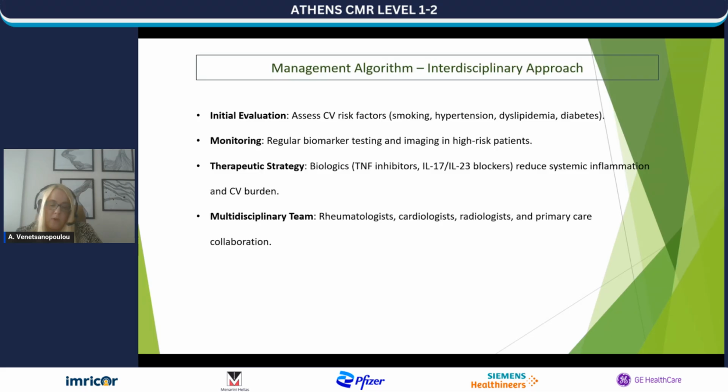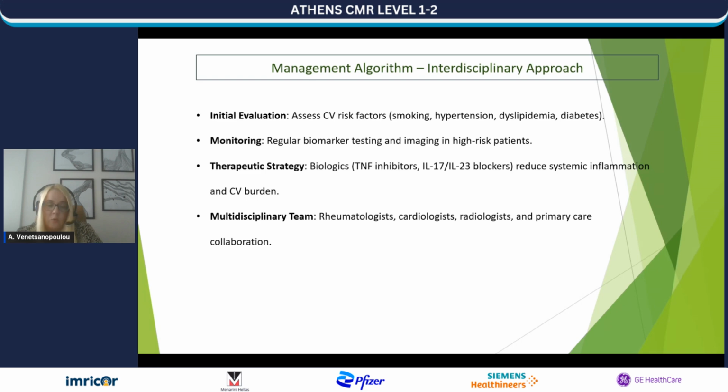And moving on to management, this is why management of seronegative arthritis cannot stop at the joints. We need to screen thoughtfully, collaborate, and use advanced imaging when it is indicated. That way, we can intervene earlier and reduce cardiovascular morbidity and mortality in this high-risk group.